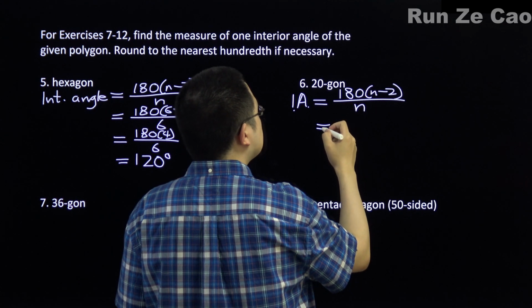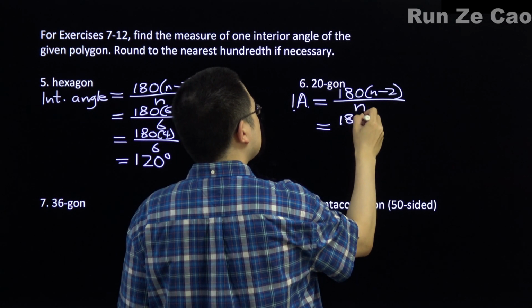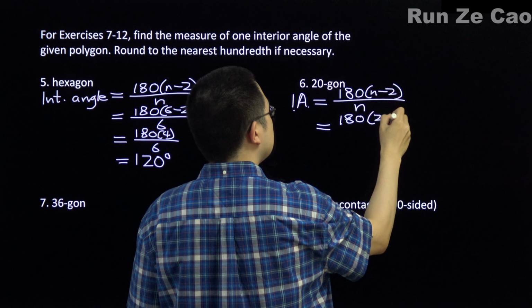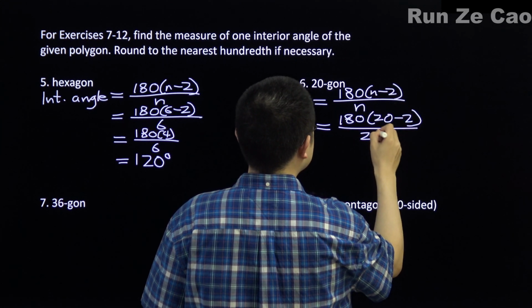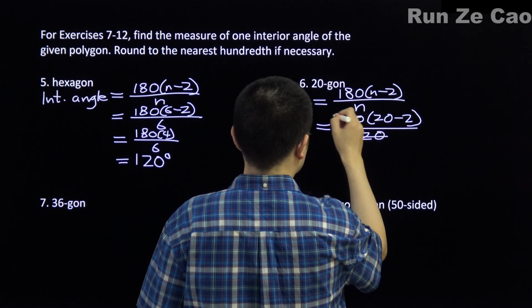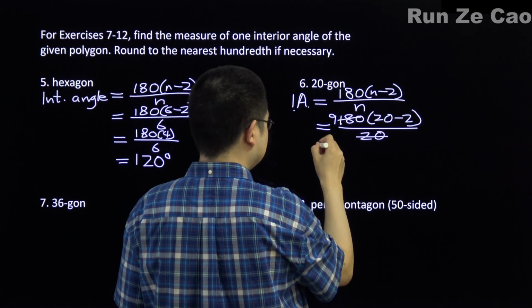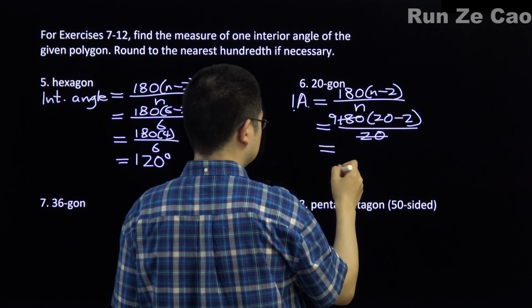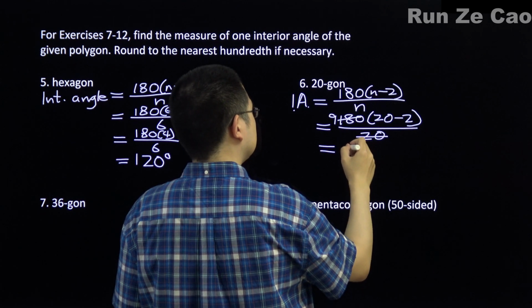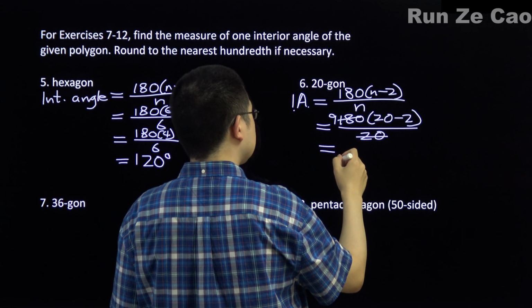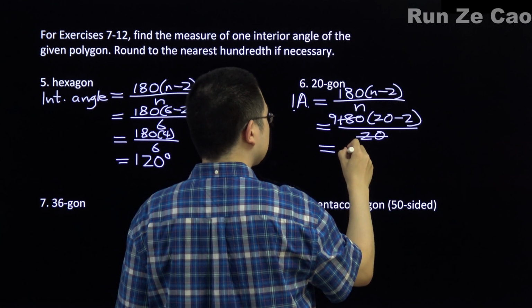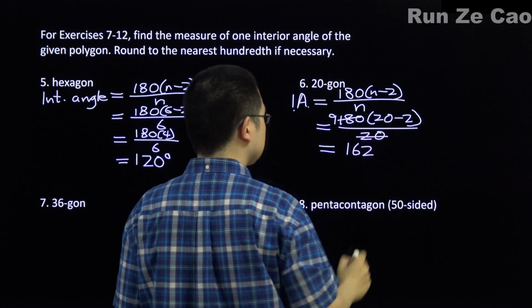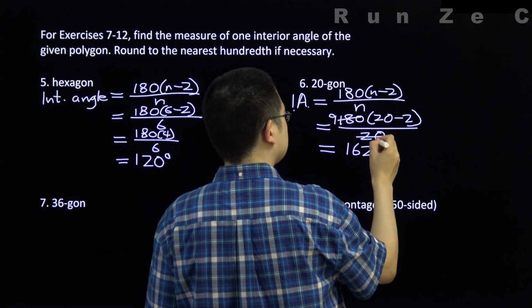So, 180 times 20 minus 2 over 20. So it's 9 times 18. 9 times 18 is 9 times 9 times 2. So 81 times 2, 162 degrees.